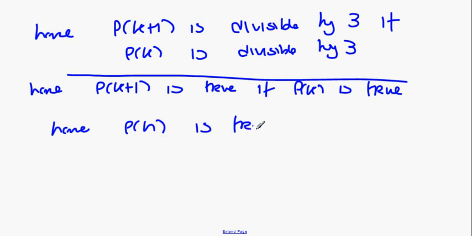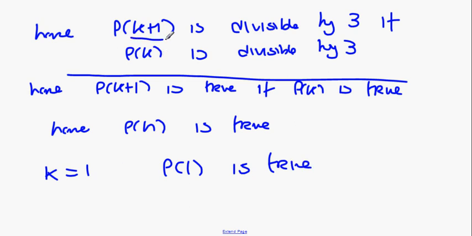Now guys, imagine this, alright? Imagine k equals 1, and we know that P of 1 is true. That's the first test we did. Now, by that logic, P of k plus 1 has to be true because P of 1 is true. So that means P of 2 is true. And then by the same logic, if P of 2 is true, P of 3 is true.